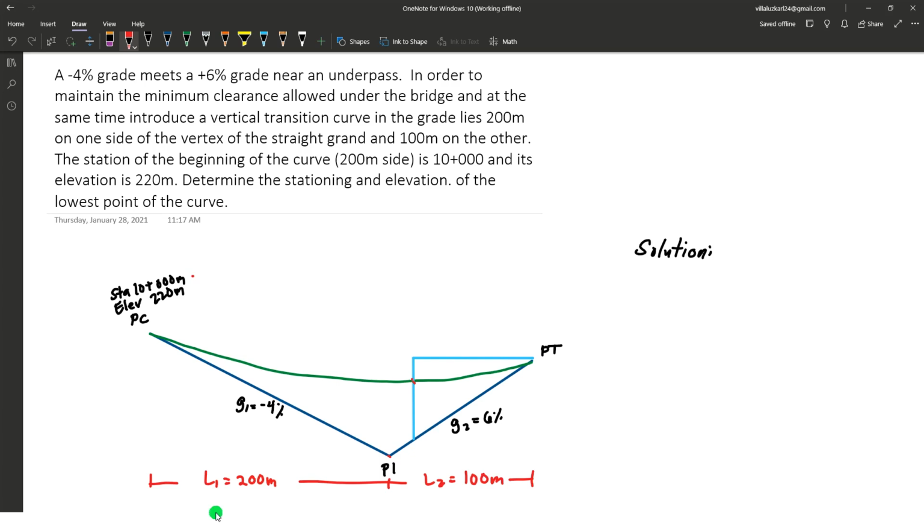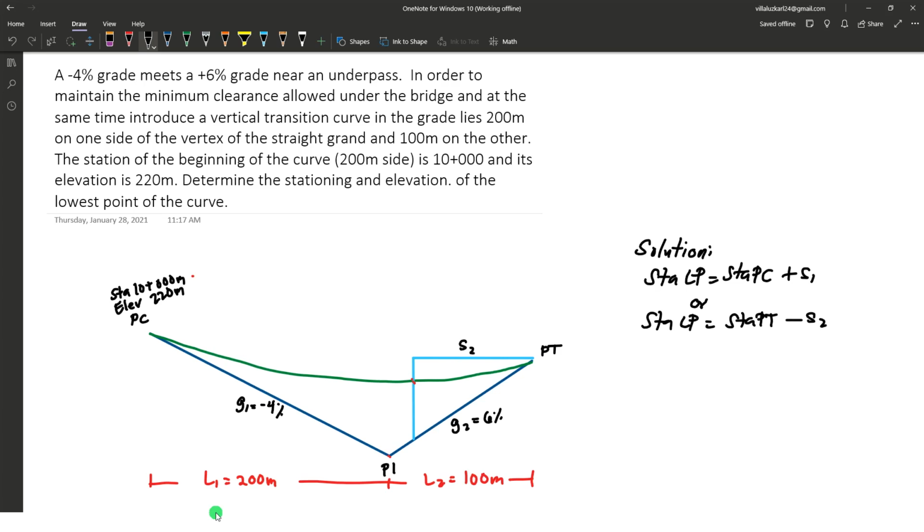In determining the stationing first, the stationing of the lowest point, if it is nearer to PC, we just add S1. On the other hand, if the lowest point is near at PT, we use PT as the reference point and subtract S2, which is right here.